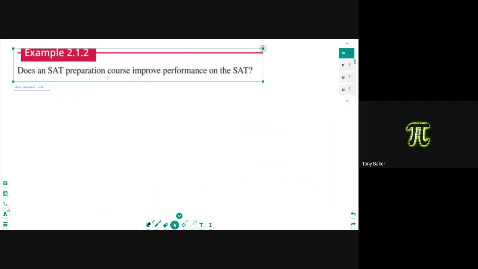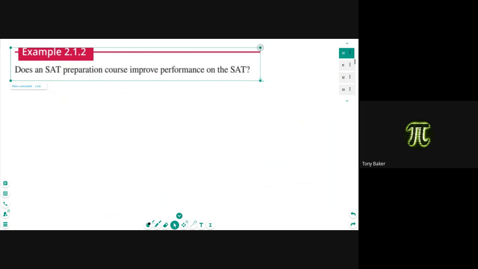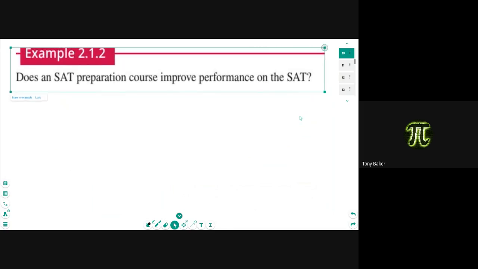Does an SAT preparation course improve performance on the SATs? Maybe. All right. First question. What's the response variable? Yeah.